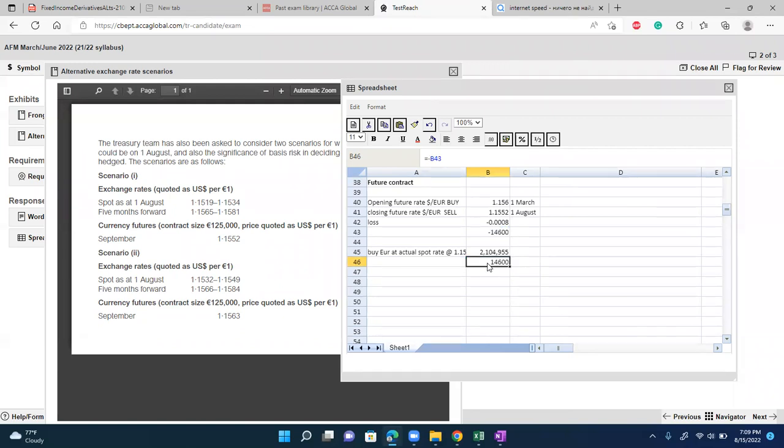So the total amount is 21.19 million. So the total amount will be at 1.1534.